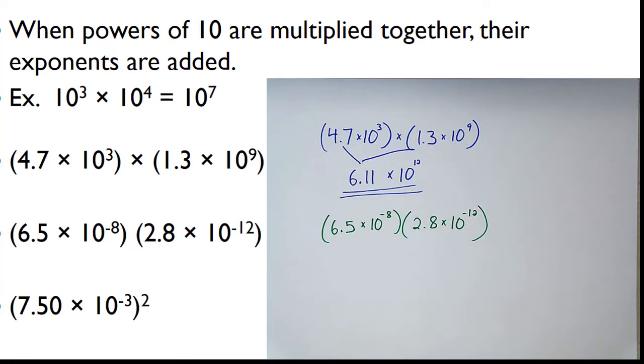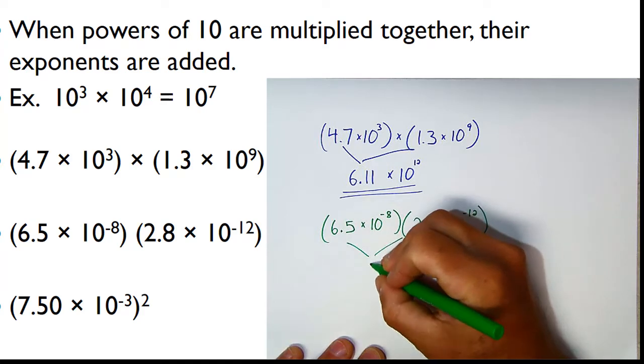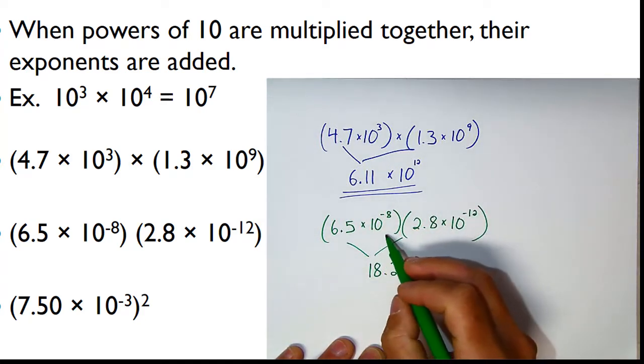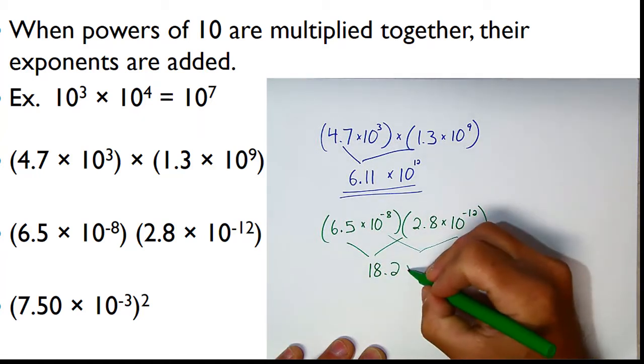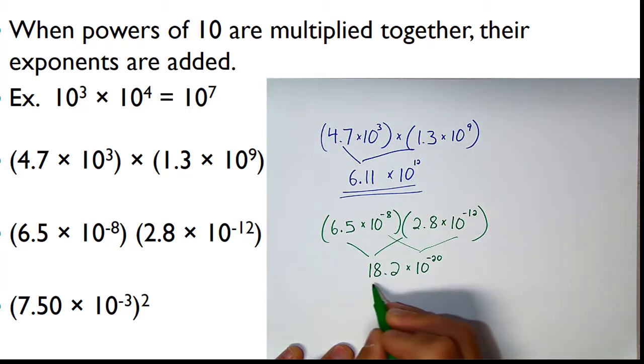6.5 times 10 to the -8th times 2.8 times 10 to the -12th. Well, the powers of 10 don't need to match, but we can multiply these two together and get our new coefficient, and that turns out to be 18.2. Now we'll multiply our powers of 10 together by adding the exponents. -8 and -12 gives us -20.